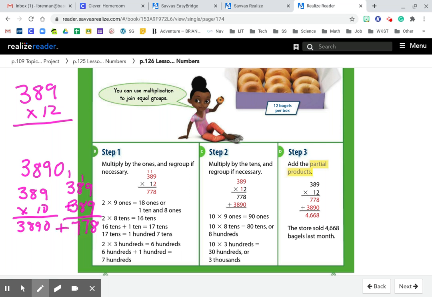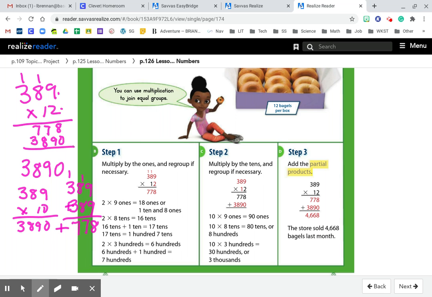389 times 12. 9 times 2 is 18. We carry the 1. 2 times 8 is 16, plus 1 is 17. Carry the 1. 2 times 3 is 6, plus 1 is 7. 10 times 9 is 90. 1 times 8 is 8. And 1 times 3 is 3. And remember, it's not really a 1, it's a 10.